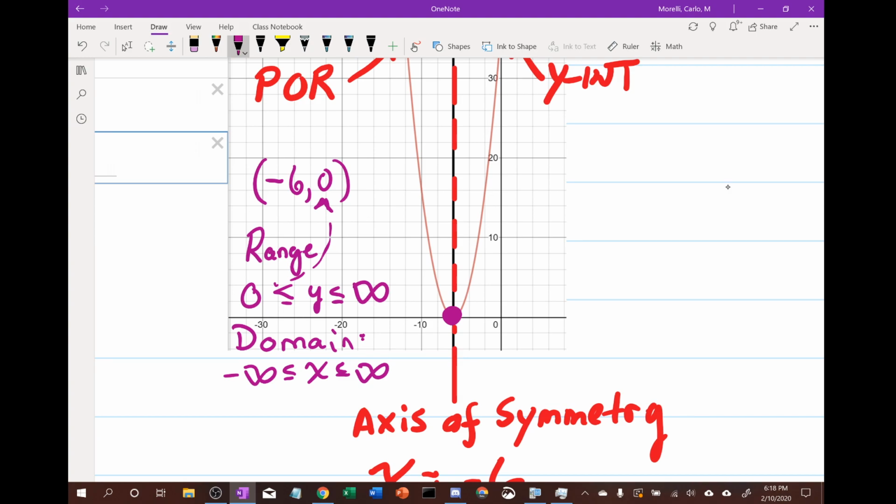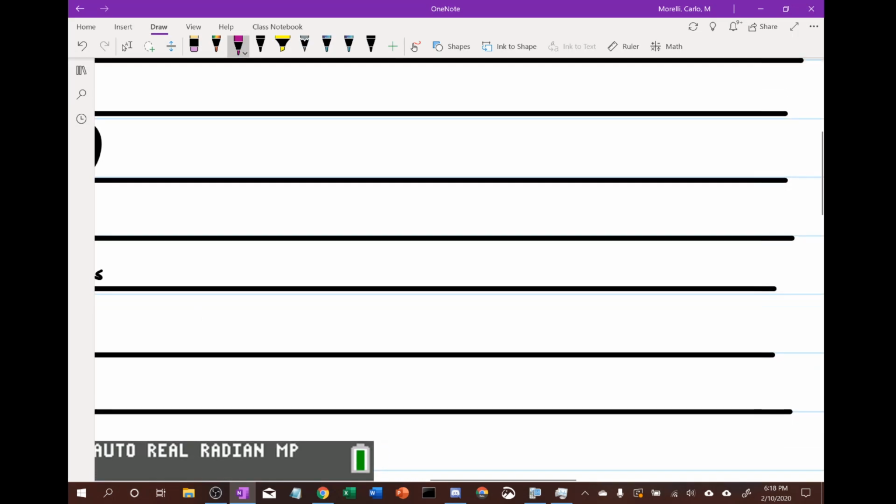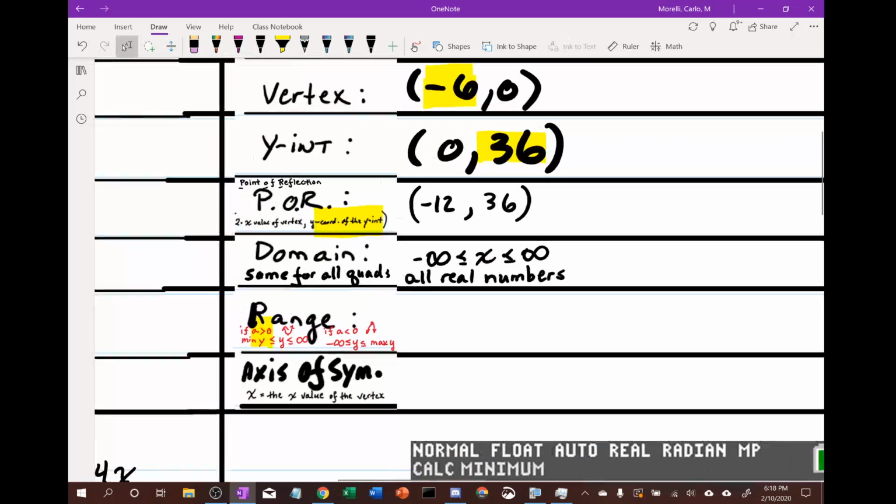Okay. So what else does it want us to find? We already know the axis of symmetry. So, okay, we'll just write the range down. That would be 0 less than or equal to y less than or equal to infinity. And then the axis of symmetry was at x equals negative 6. So that's the x value of the vertex.